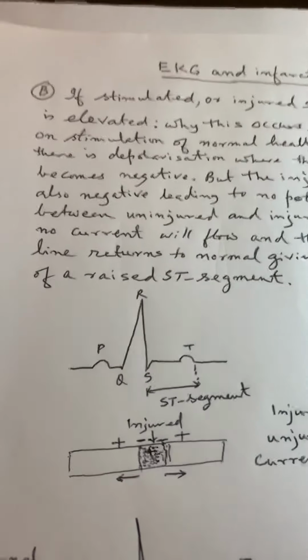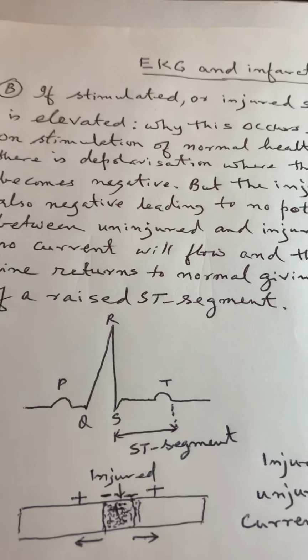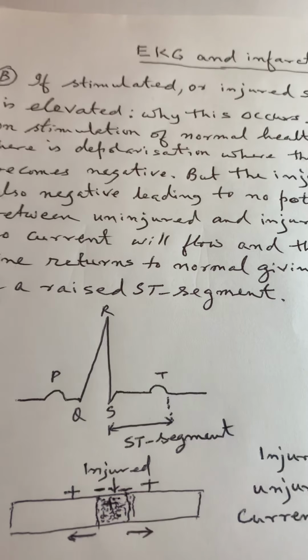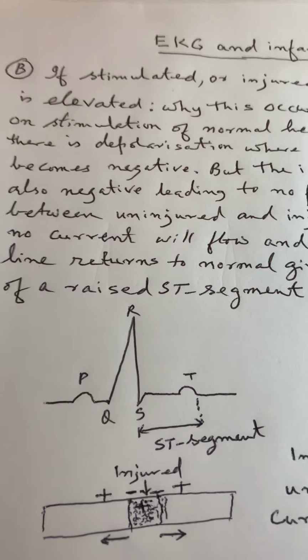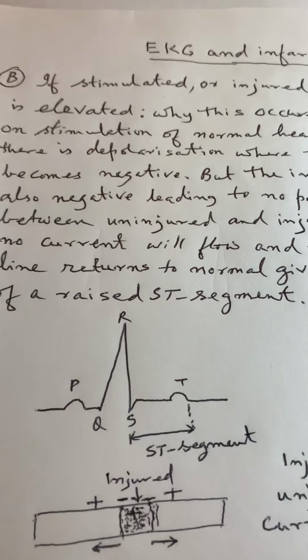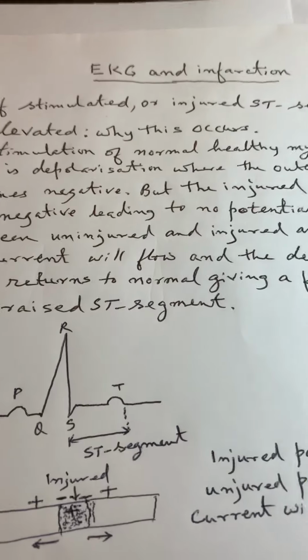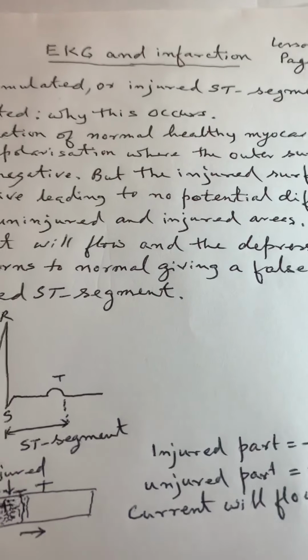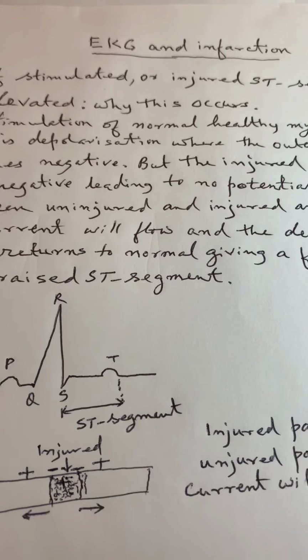Now, the question arises: why is there elevation? The physiological explanation is that when heart tissue is damaged, the ST segment is elevated.